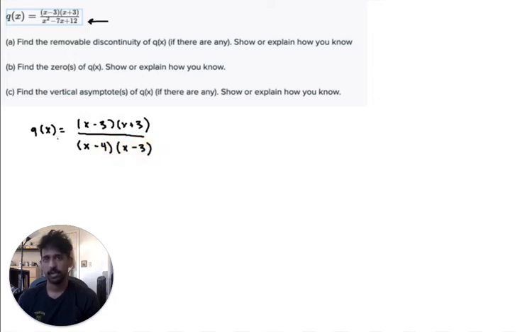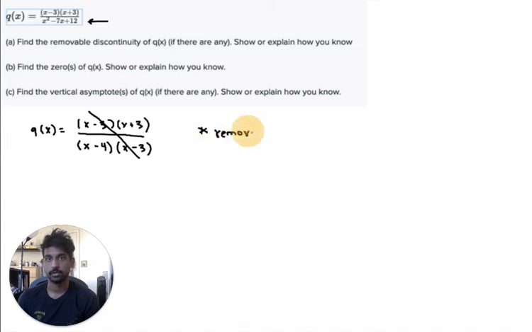Okay. The first thing I see here is that there's an x minus 3 that's the same on the top and the bottom. Because of that, I know that I can remove it. However, it was there. And because it was there, that is what we call a removable discontinuity. If x equaled 3, the denominator would be 0 and it'd be undefined. But we're going to get rid of it, and so I'm just going to mark a note here.